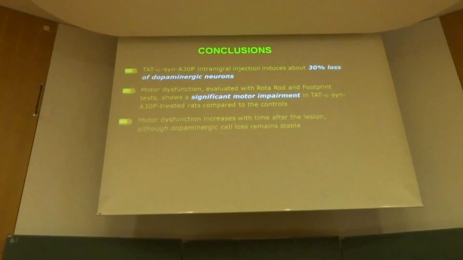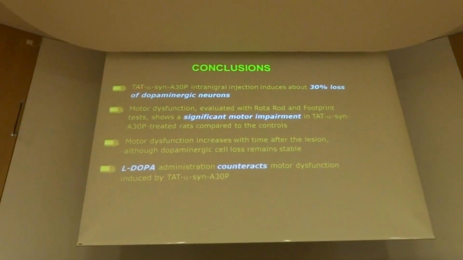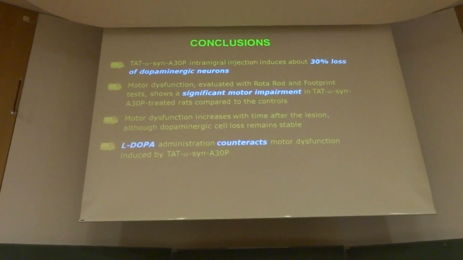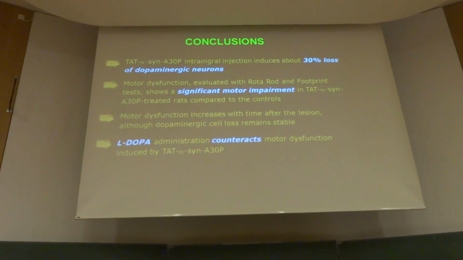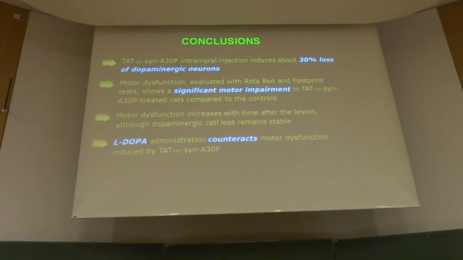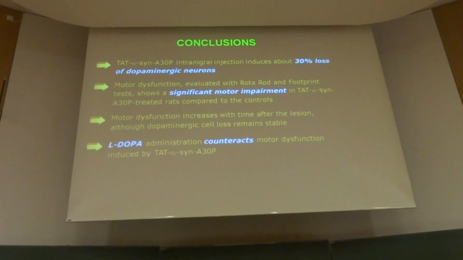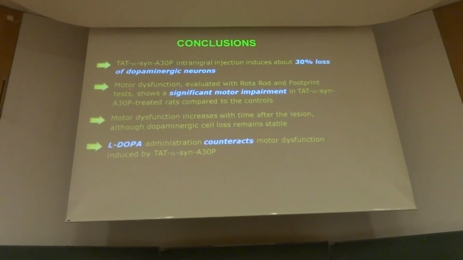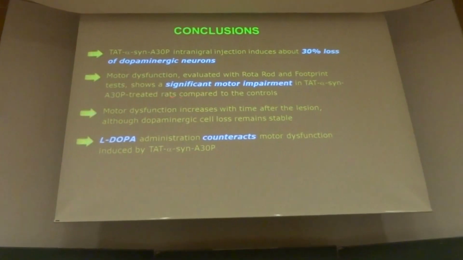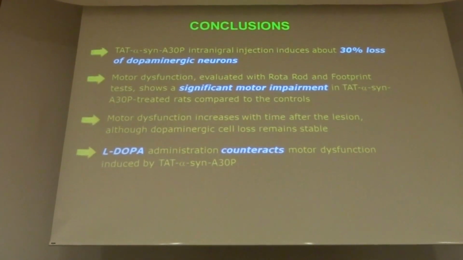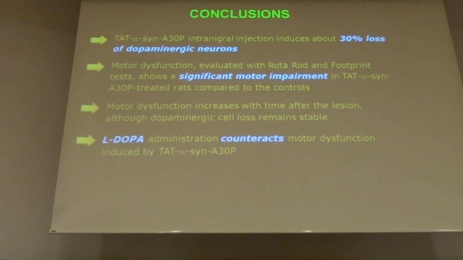So, in conclusion, with this part of the talk, alpha-synuclein fusion protein given intranasally produces a very rapid and partial loss of dopaminergic neurons. We get a neurological dysfunction or impairment, which occurs slowly with time, unlike the 6-hydroxydopamine, the effect is delayed following loss of neurons.